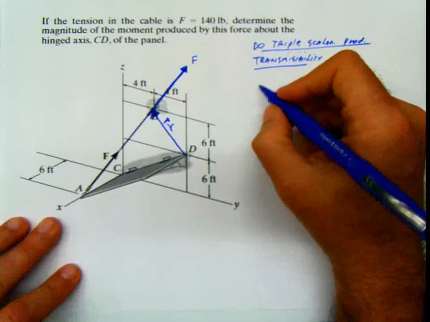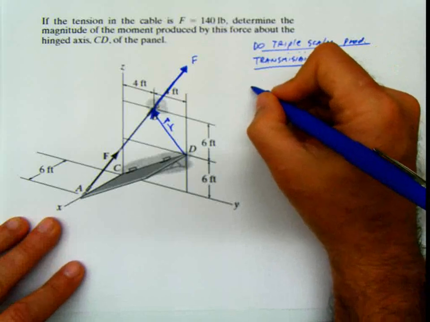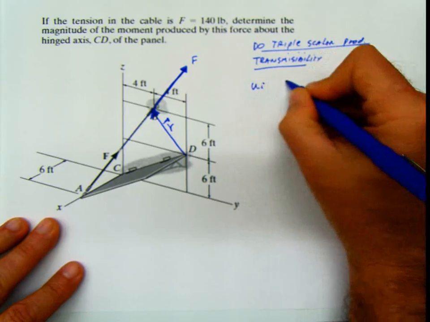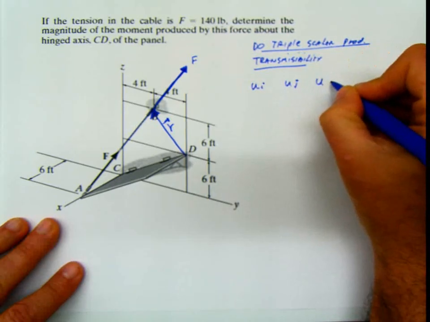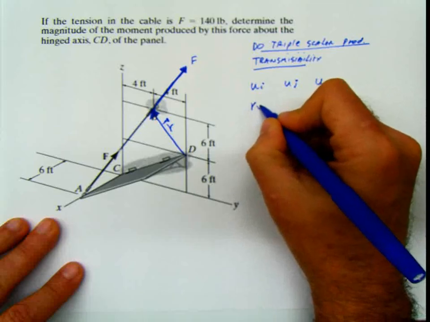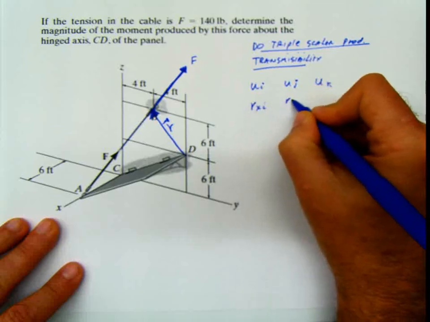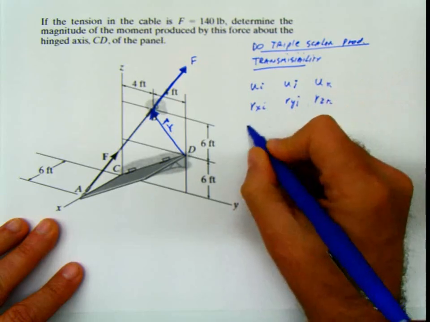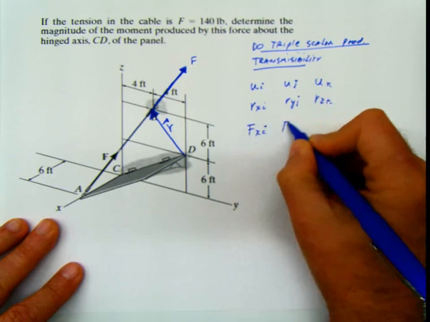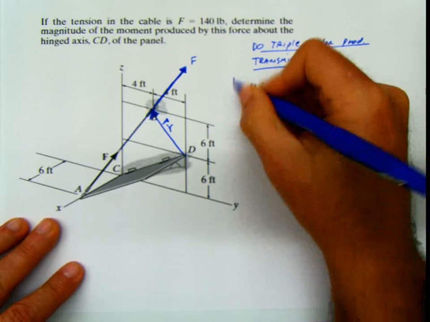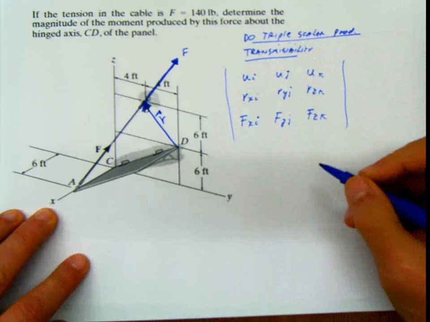So applying the triple scalar product, the first row is the unit vector in i, unit vector in j, unit vector in k. Then you have Rx i, Ry j, and Rz k. And then you have the force Fx i, Fy j, and Fz k. And you do that triple scalar product.